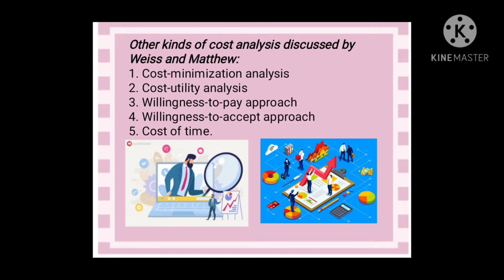Next, we have the willingness to pay approach. It asks how much individuals are willing to pay to have something they currently do not have. Next, we have the willingness to accept approach. They ask individuals how much they would be willing to accept to give up something they already have. And lastly, we have the cost of time.